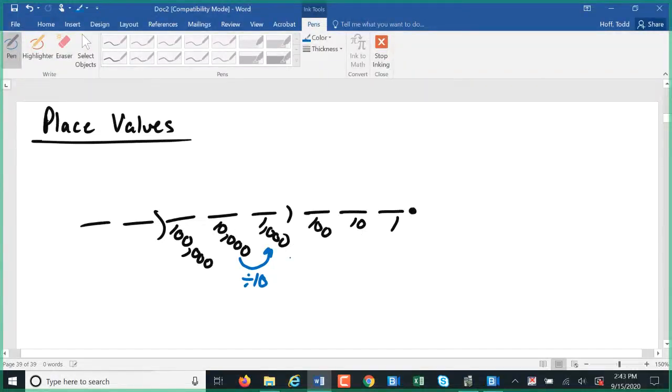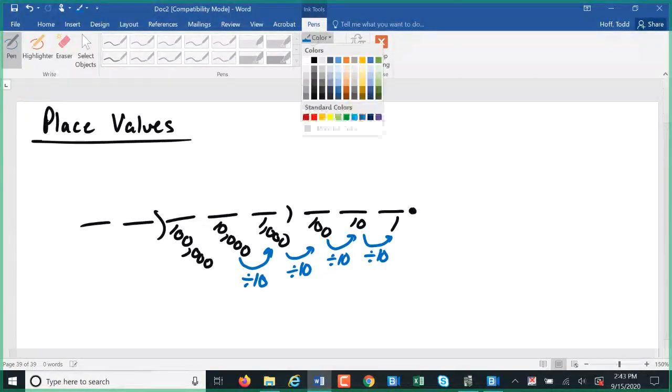10,000 divided by 10 is 1,000. 1,000 divided by 10 is 100. 100 divided by 10 is 10. And if we keep going, of course, 10 divided by 10 is 1.